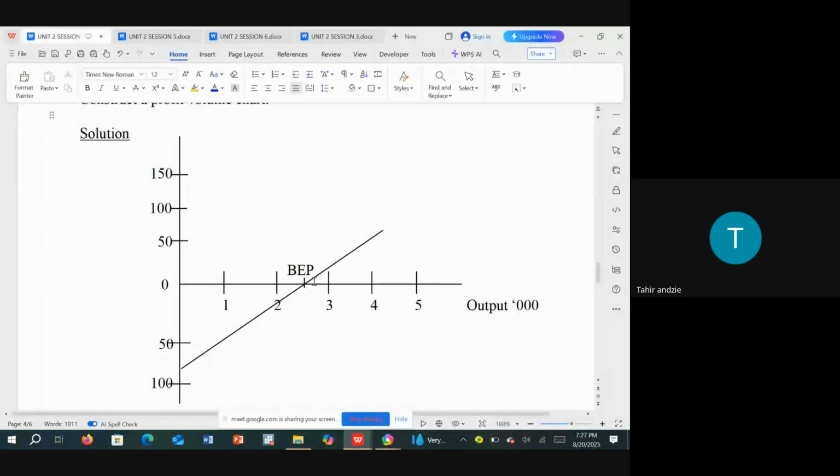Break-even point will be the point where the contribution line crosses the horizontal axis, the line that depicts the output. Where they break even, you can see that at that point, profit or loss is 0, and that is all.